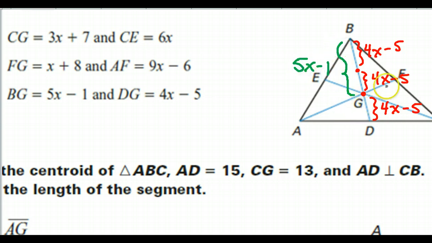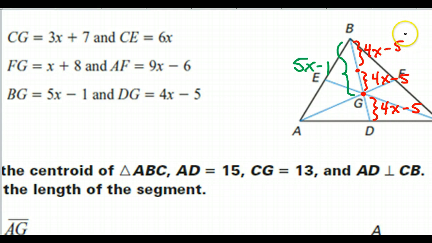That's from here to here. So the trick is to use the red stuff and the green stuff to make an equation. Can everybody agree that the red part over here and the green part over here should be equal? In other words, let me go to black for a second.